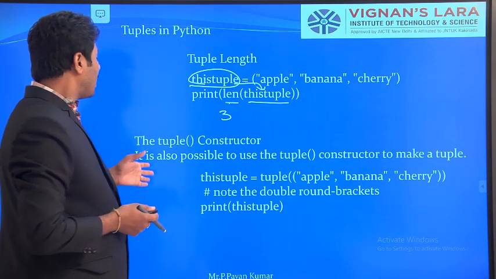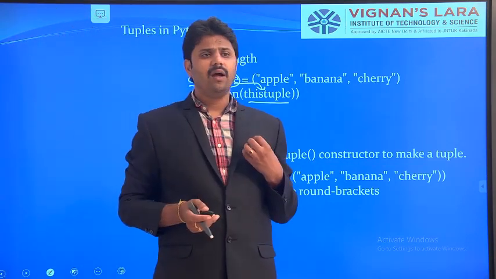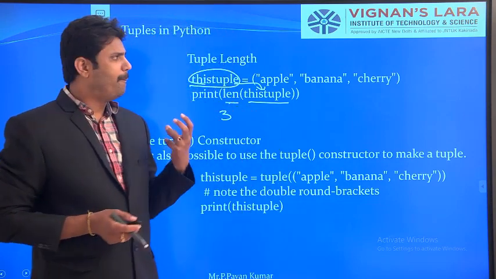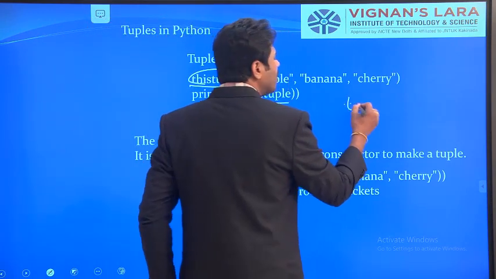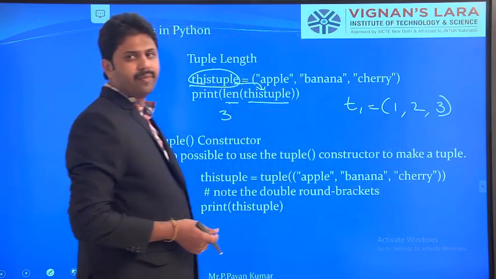Clear? Constructor. If I want to create a tuple, you simply use T1 equals 1, 2, 3 like this.